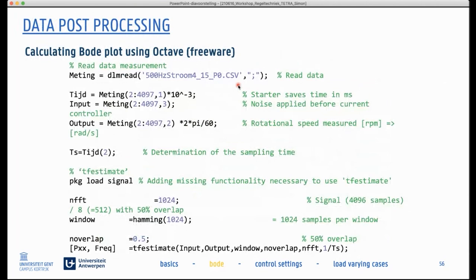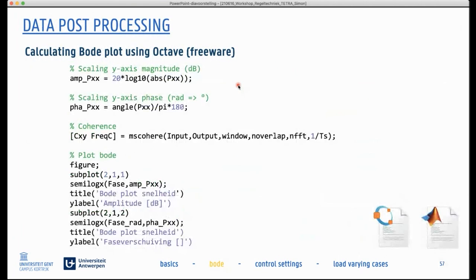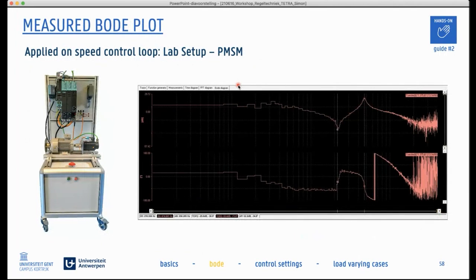You don't need Octave or MATLAB to obtain them if your drive software, the Siemens drive software, permits, so that's very nice. The disadvantage of this software is that you don't have a coherence, any number that gives you an idea of how trustworthy your Bode characteristic is. Nevertheless, you get a good Bode characteristic. Once you see a clear resonance frequency, that's also a very good indication that you have a good Bode characteristic.